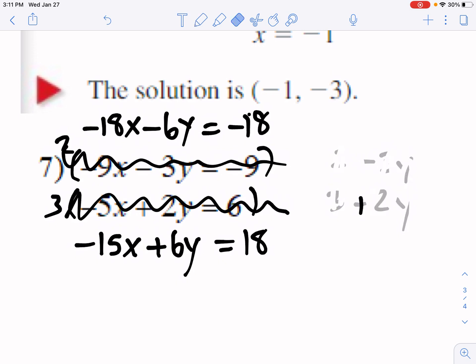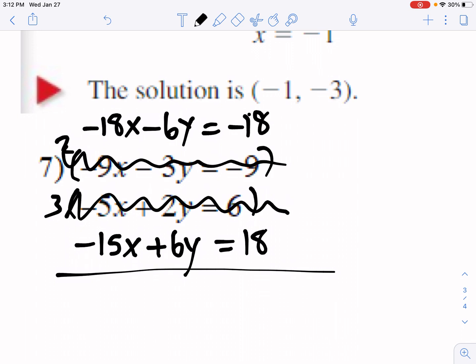So now after we created our new equations, I just need to add these together. Well, we have a -18 and a -15. So again, when we have two negatives, we're going to add and keep the sign. So we have -18 plus a -15, and that gives us -33. They're both negative, so keep it as a negative. Our y terms cancel out.